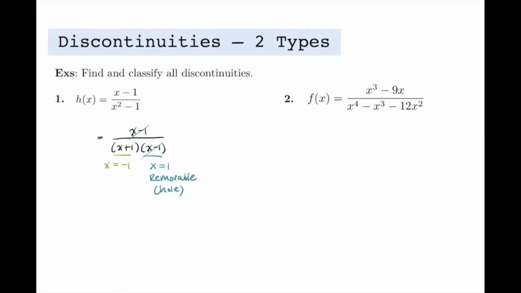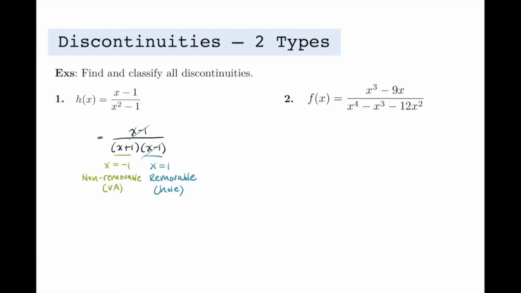On the other hand, this x plus 1 gives us the discontinuity at x equals negative 1. We can't get rid of that. This is not a hole in the graph at x equals negative 1. It's a vertical asymptote. And remember that we cannot define or redefine the value there in order to make it continuous. And so this is a non-removable discontinuity.